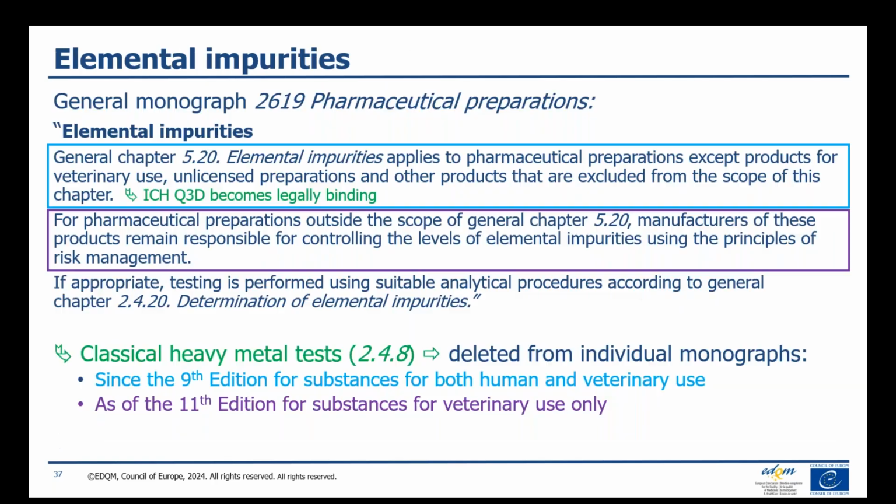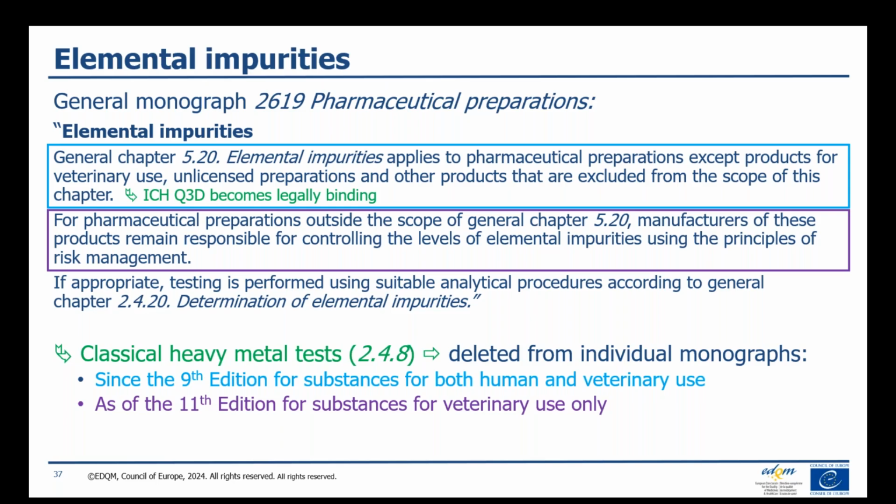You can see that it is written that the general text on elemental impurities applies to pharmaceutical preparations, except for the products for veterinary use and for unlicensed preparations. So via this sentence, it means that ICH Q3D is legally binding.